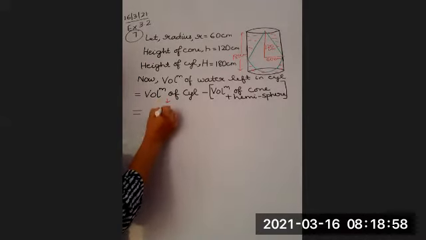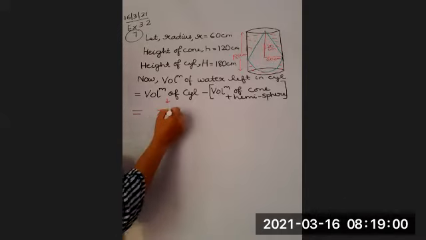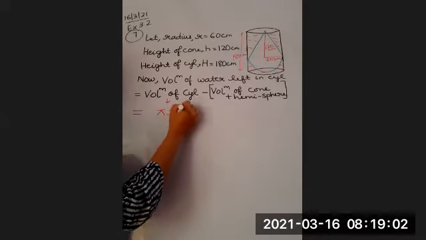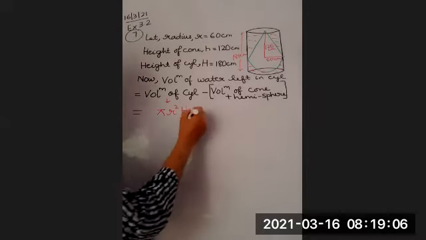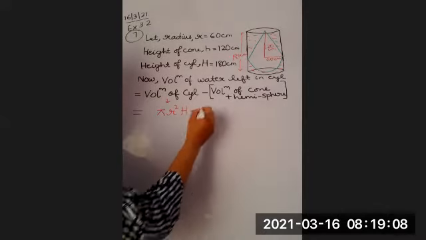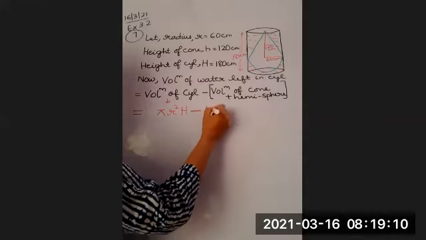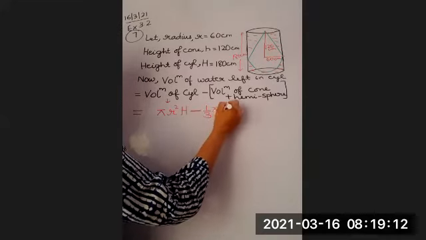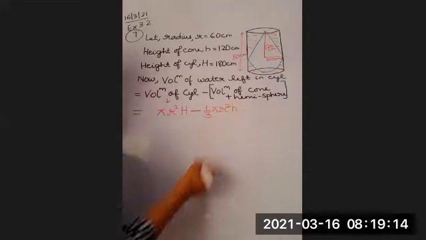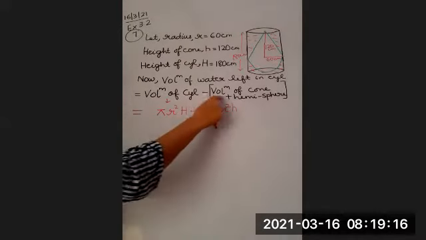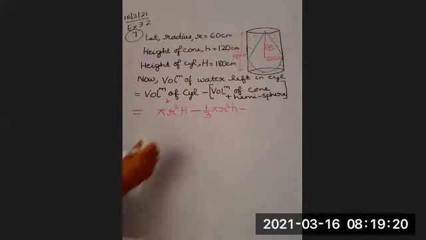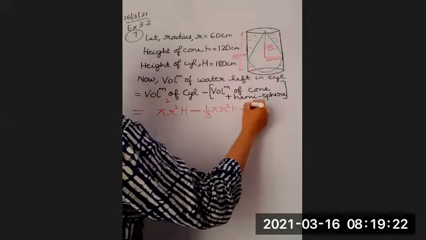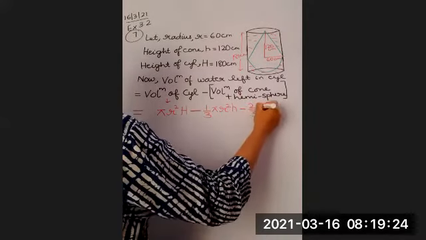What is the volume of cylinder, children? Formula: pi r square H, where we will have capital H here. Volume of cone: 1 by 3 pi r square h. Volume of hemisphere: 2 by 3 pi r cube.